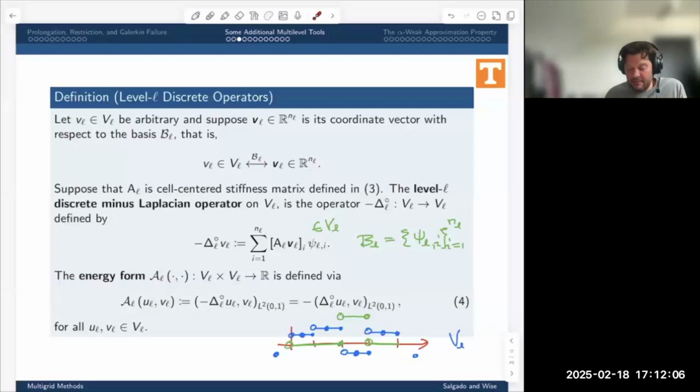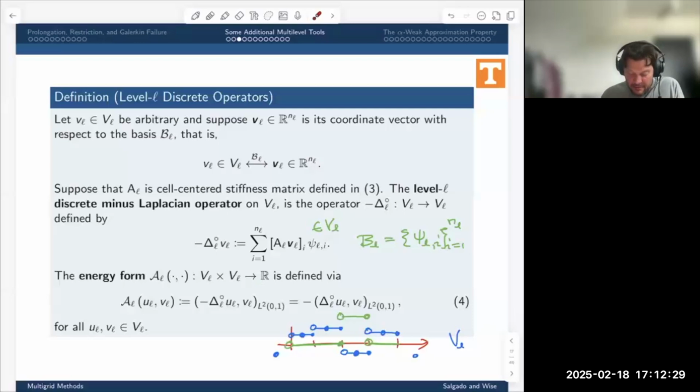In this case, it's a bilinear form on VL. So you take two functions, one from VL and another from VL, and I'm going to combine them, kind of run them through a wringer somehow, turn a crank, and give you a real number out. Okay, so let's make sure that this all makes sense in that setting.